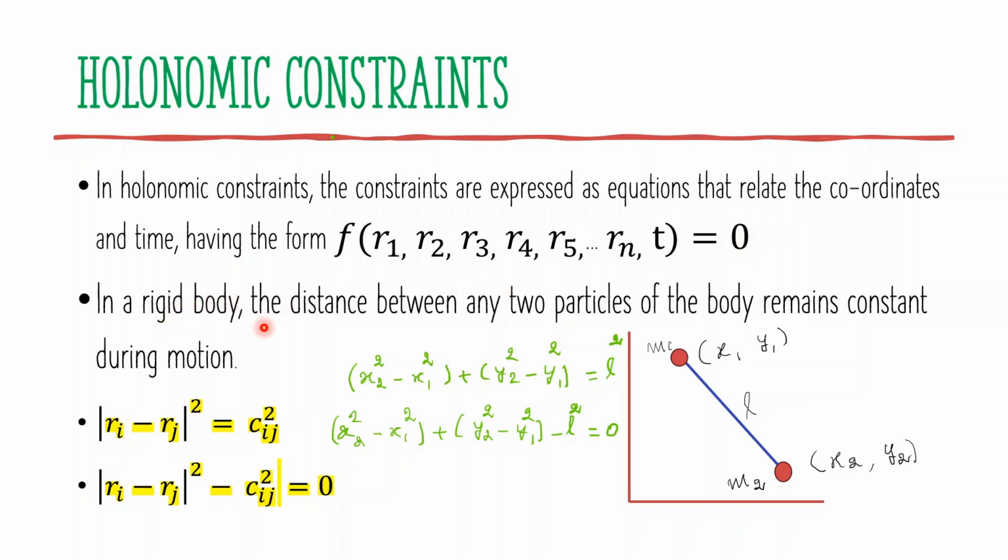In a rigid body, the distance between any two particles of the body remains constant during motion. This is an example of a holonomic constraint.